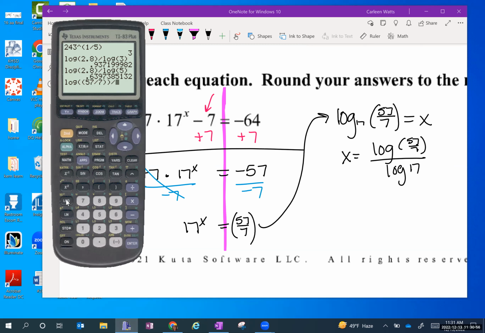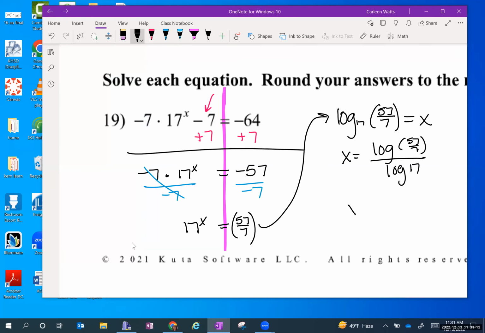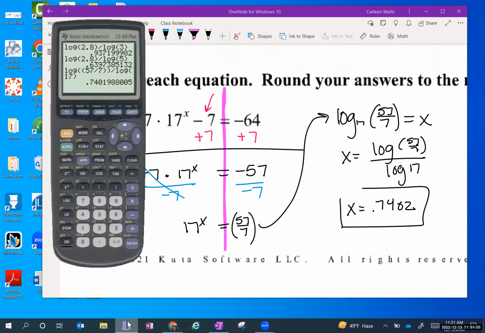Divided by log of the base. 0.7 for round to the 10,000ths. 0.7402. Be very careful, if you don't put an extra parenthesis, you get it wrong. Anytime you use parentheses, do you see how they have to balance?